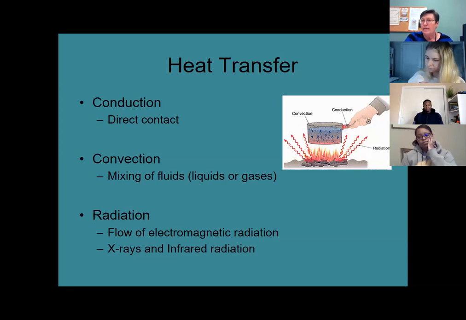Then we have heat transfer by radiation. Radiation involves a flow of electromagnetic energy. As you are cooking, you see this is a campfire and you see radiation emerging from the fire.